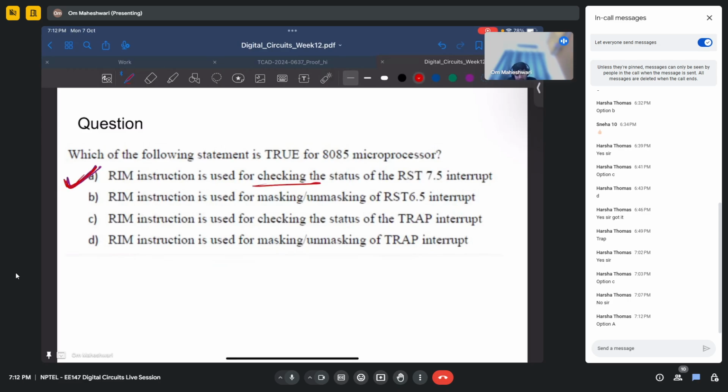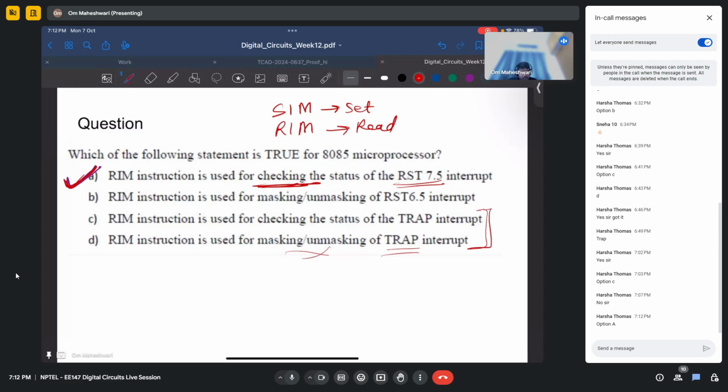We are just checking. With RIM, we can just check, we cannot set. SIM is used to set. RIM is just for read. So we can check the status of RST. Trap cannot be masked or unmasked. Trap is non-maskable.